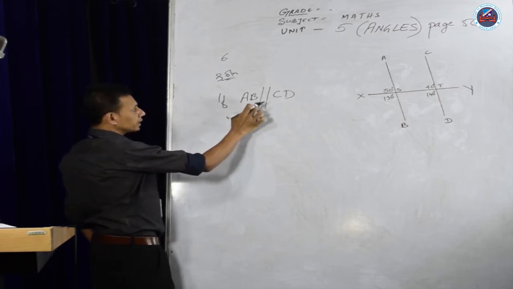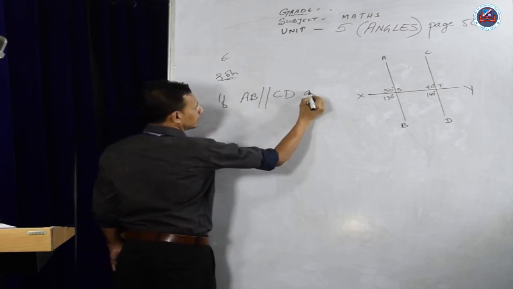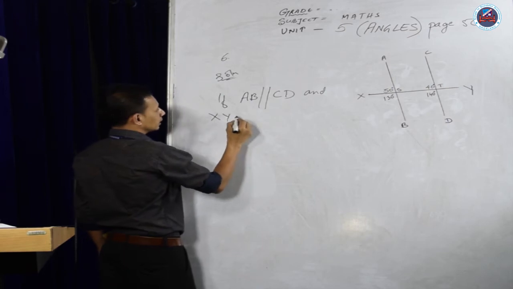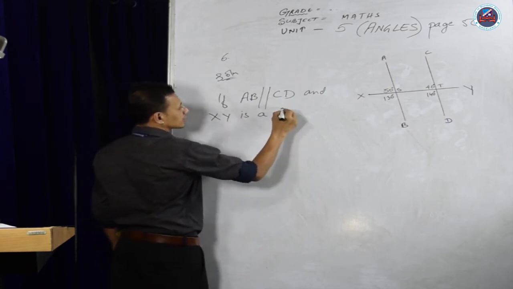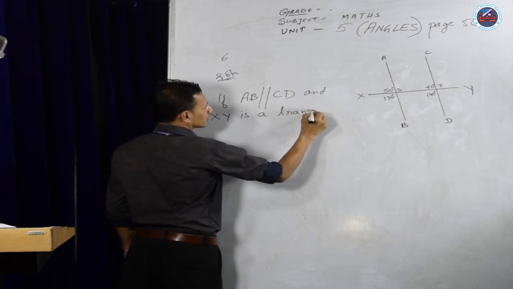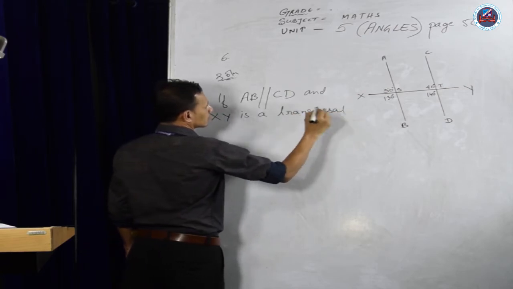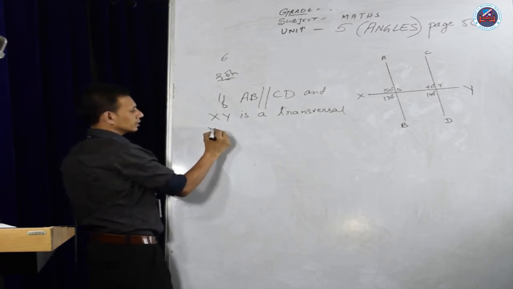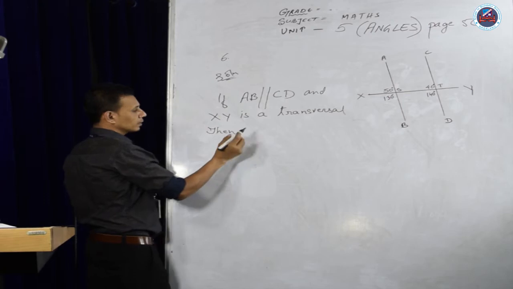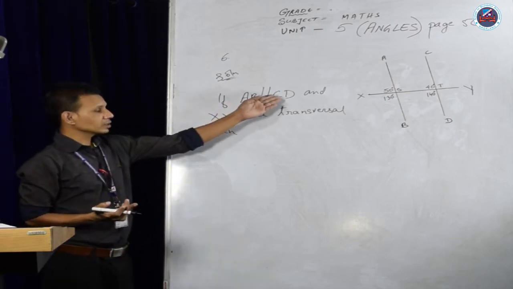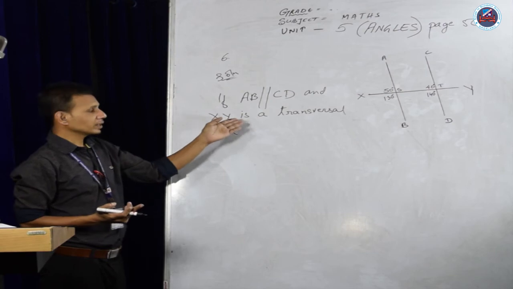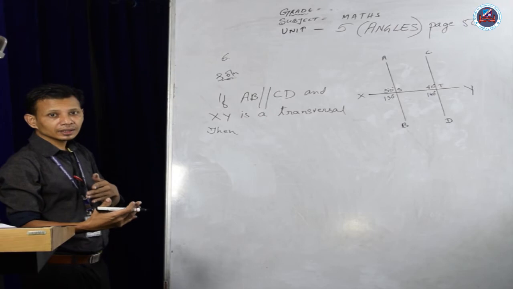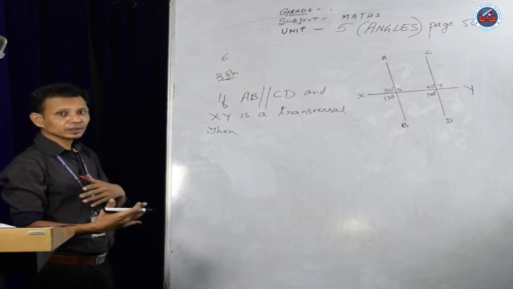If AB is parallel to CD and XY is a transversal, then you have used if, so use then. What happened? If AB is parallel to CD and XY is a transversal, then obviously alternate angles must be equal and corresponding angles must be equal, right?